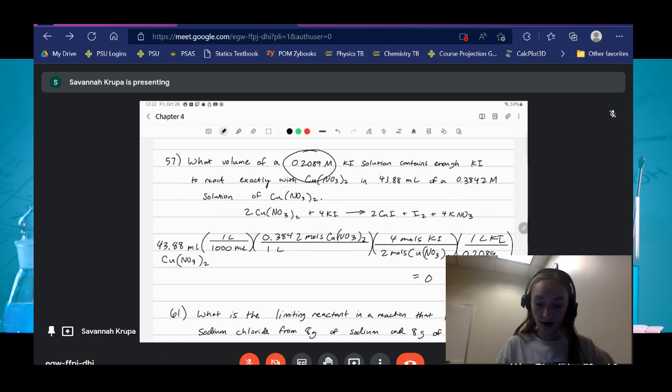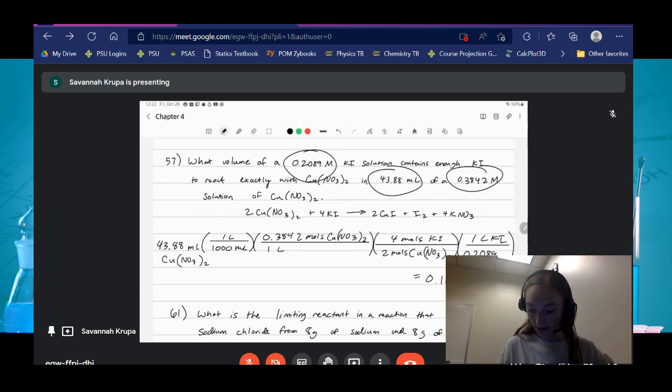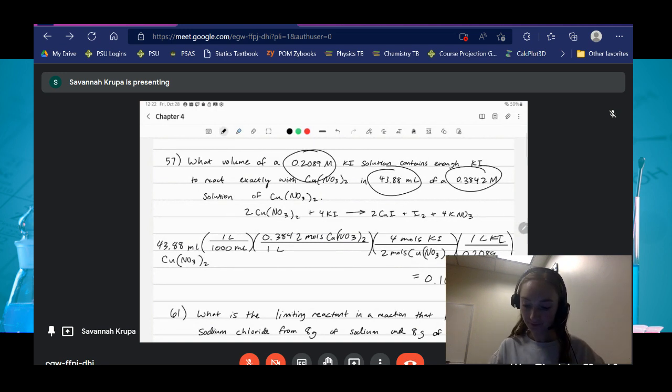Since the question gave us 4 different values, and they all have 4 significant figures, your answer is going to be in 4 significant figures. So we have 0.1614 liters of KI. And I calculated that out earlier. So that is the answer to 57.